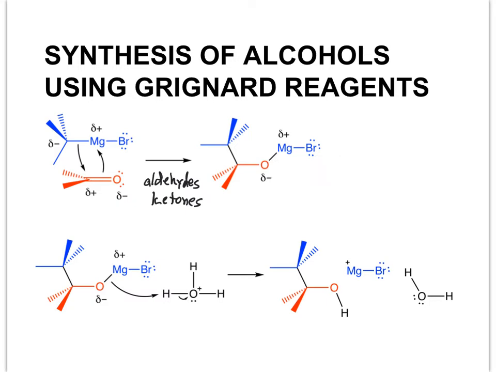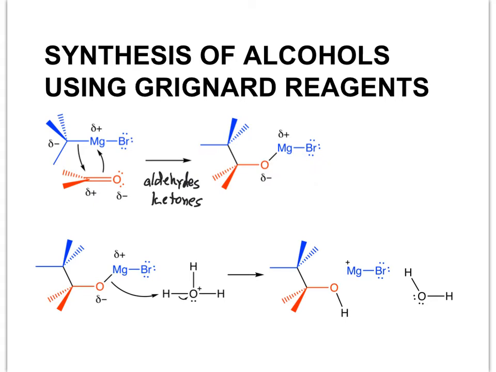In an aldehyde or a ketone, the electronegativity of the oxygen pulls electrons toward the oxygen, making it negative. The carbon it's bound to is sp2, and it becomes the electropositive part of the bond. So that makes this carbon an electrophile, and the Grignard, being a strong base, is a strong nucleophile.